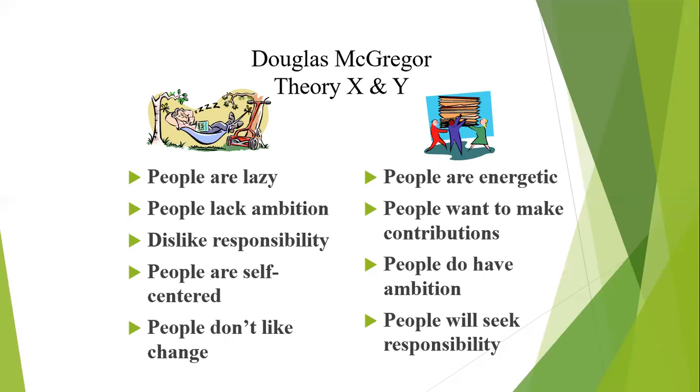And he suggests theory Y, which is the opposite. People are not lazy, they are energetic. People lack ambition? No, they have ambitions. They like to make a contribution. People seek responsibility. People try to do a lot, but you have to understand them. You have to deal with them as human beings.